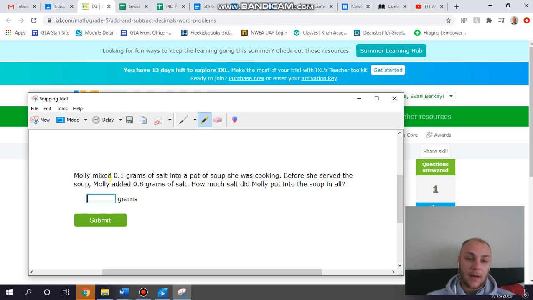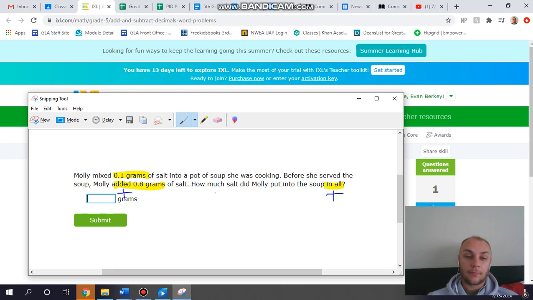I am going to highlight 0.1 grams. I'm going to highlight added 0.8 grams. And next to added, I'm also going to put a plus sign, because when I see the word added, I know I'm going to add. I'm going to highlight in all, because whenever I see in all, that normally means that I'm adding as well.